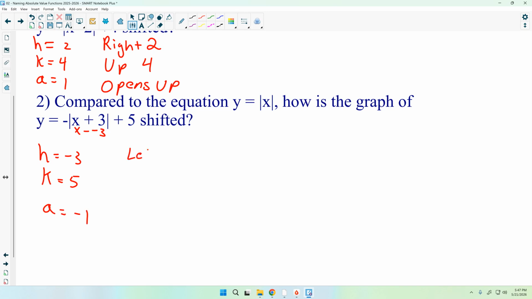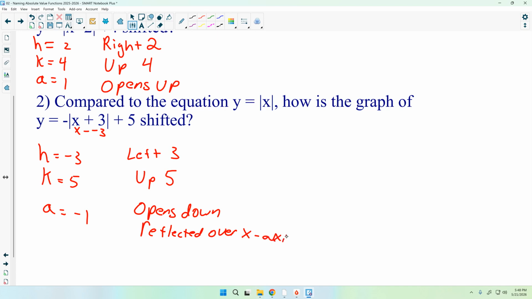So it's been shifted left 3 units, up 5, and it opens down with an a value of negative 1, or you could say that it's been reflected over the x-axis, which would mean that it now has a maximum value.